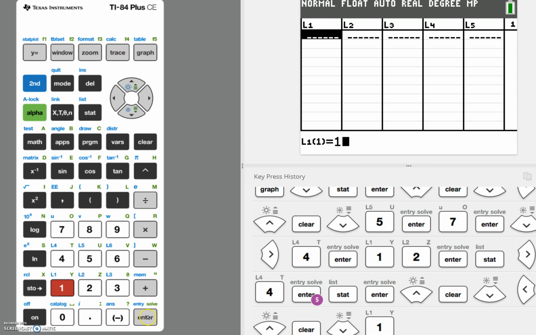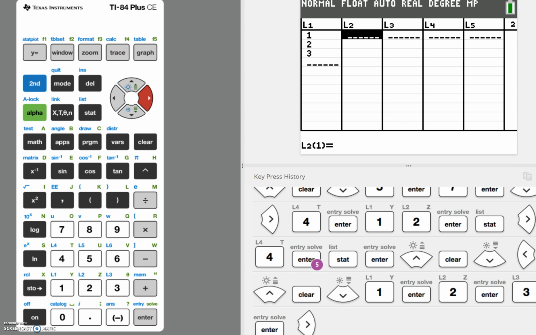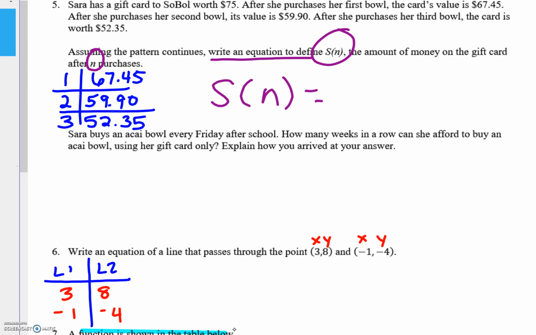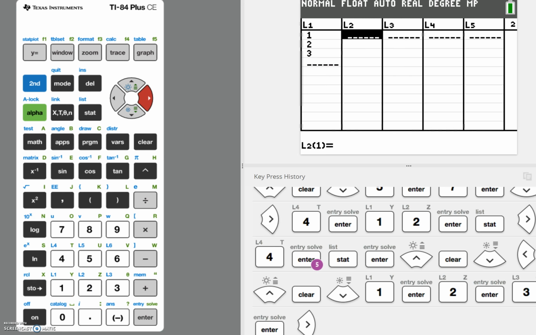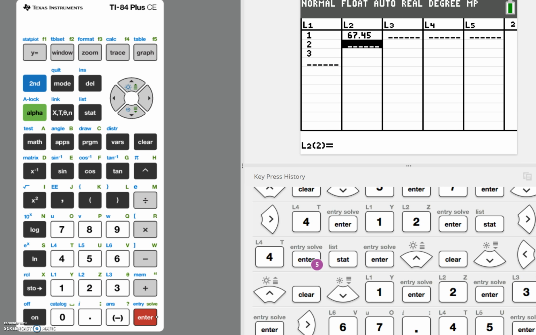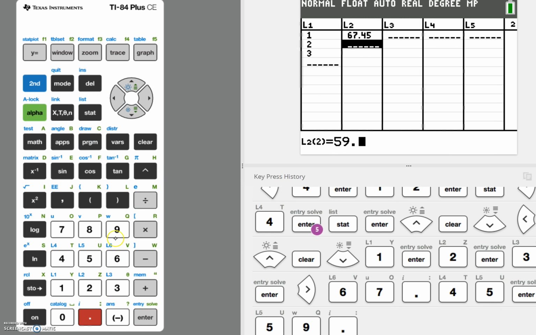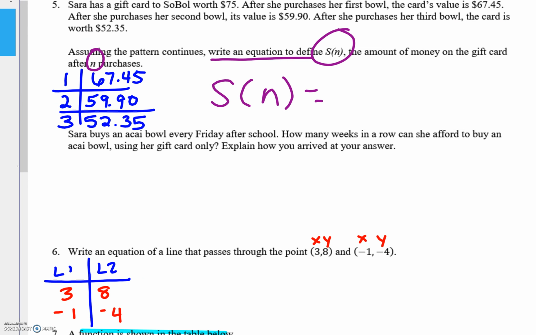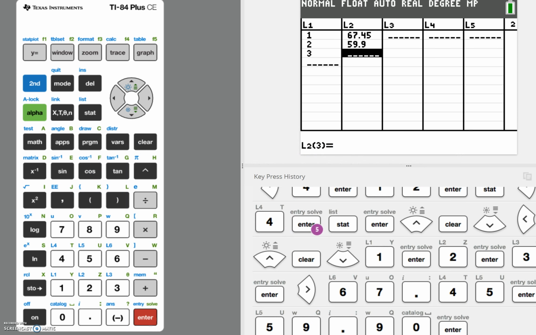I know my first purchase, second purchase, third purchase. After the first purchase, Sarah's card has $67.45. The second, $59.90. And then the third, $52.35.